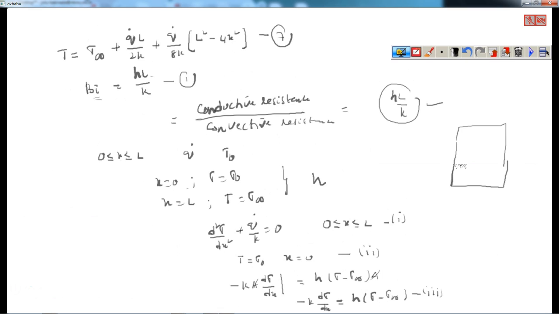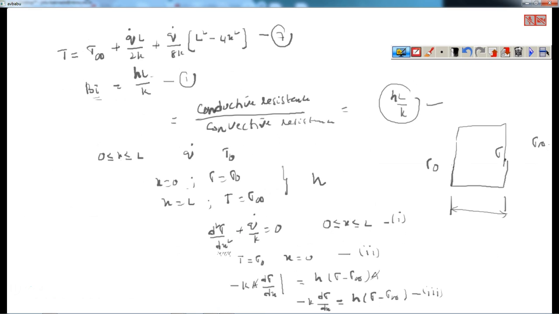When x is equal to 0, the temperature is T0, and at x is equal to L, this is length L, the temperature I am considering as T, and it is going to dissipate to the surrounding temperature T infinity.